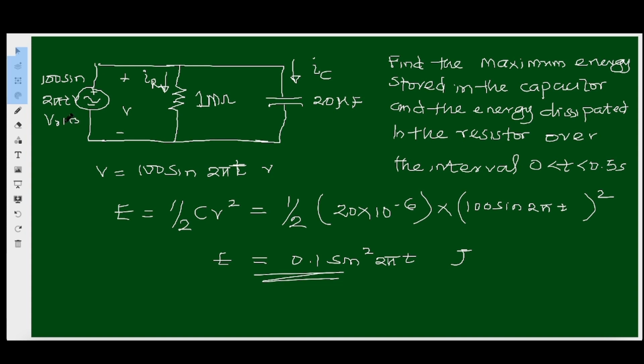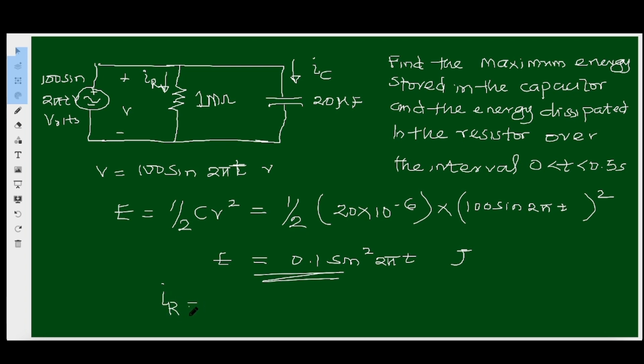Therefore, we can get the current going through the resistor, IR. How do you get that? You can see that the voltage source is parallel to each of these passive elements, and if the voltage source is parallel to components like that, they will take the same voltage.